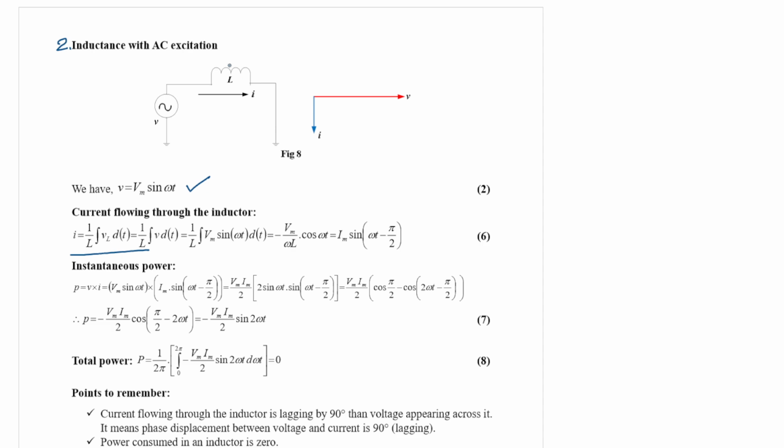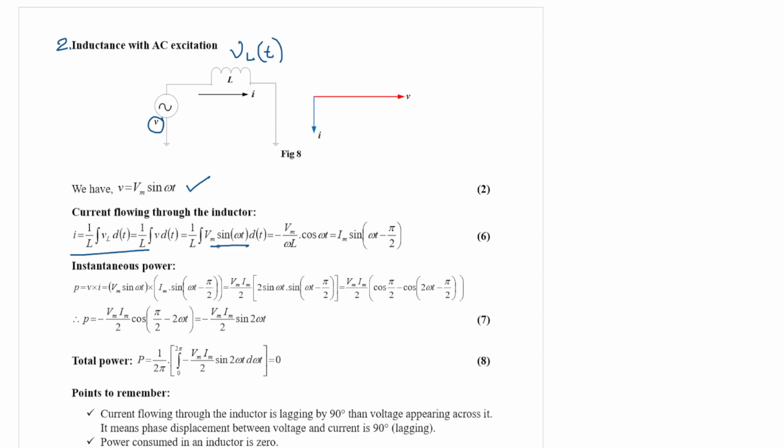Now VL is the voltage drop across the inductor. So this supply voltage is nothing but VL. So we can write VL(t) equal to Vm sin omega t, because the supply voltage is falling across the whole inductor.